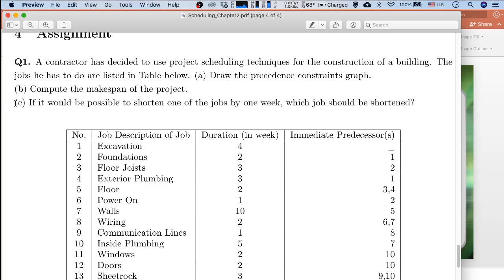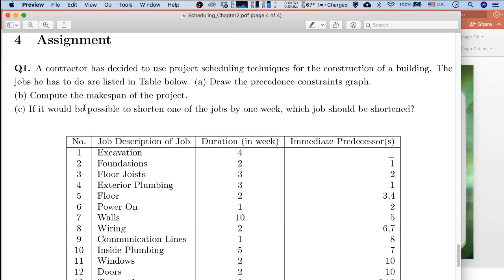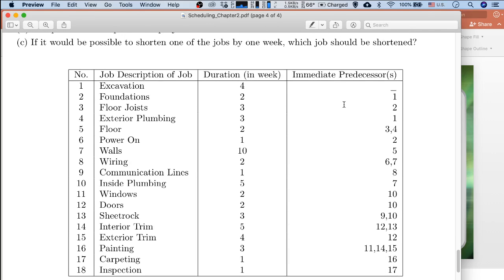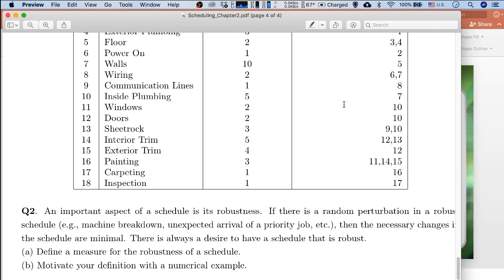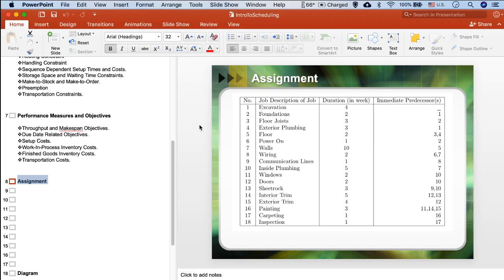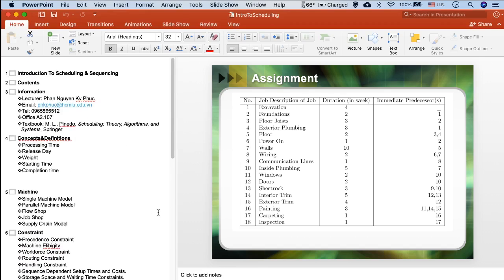And you are also asked, by your own calculation, whether it would be possible to shorten one of the jobs by 1 week, and which job that would be. So here, I hope that you can learn it well, because the content of this is also included in another class, I think production management, right? Thank you, and hope to see you in the next class.